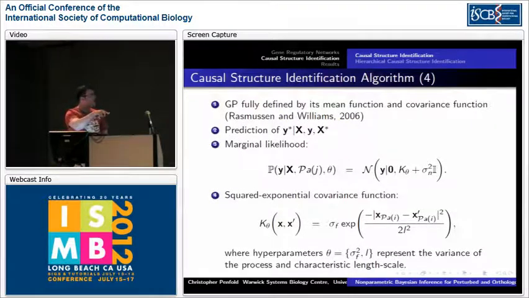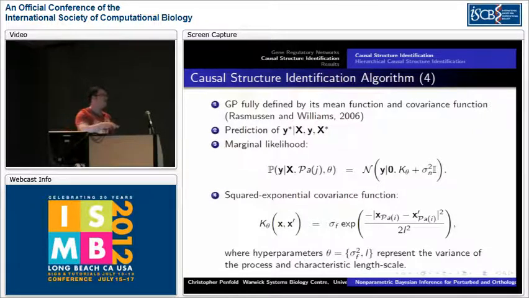So a Gaussian process is fully defined by its mean function and covariance function. I don't really have time to go into it too much, but if people are interested in learning more about it, there's a nice book by Rasmussen and Williams. Now the key points here are that you can make predictions at new positions, so you can begin to predict how this system might respond at new points.